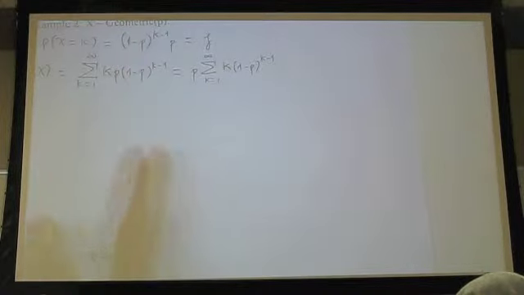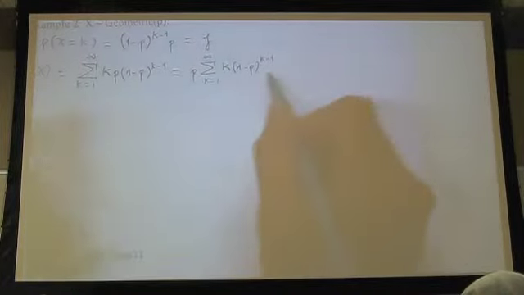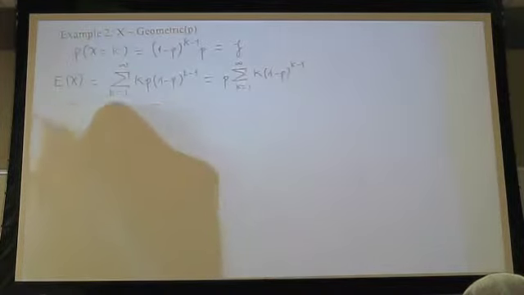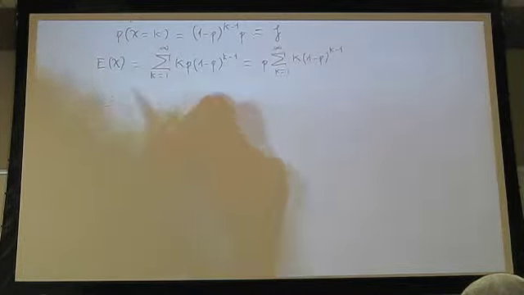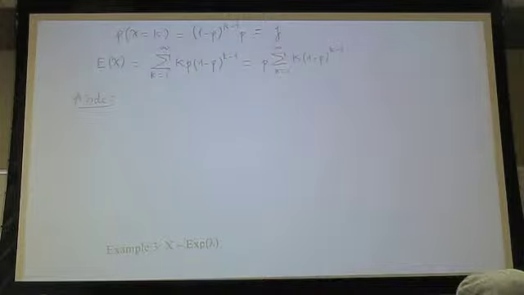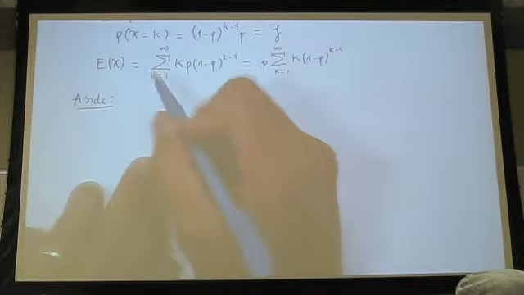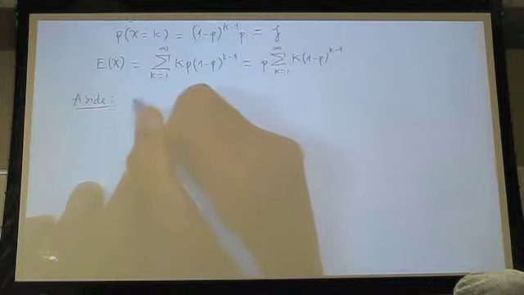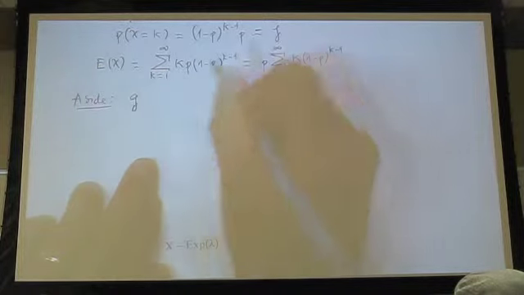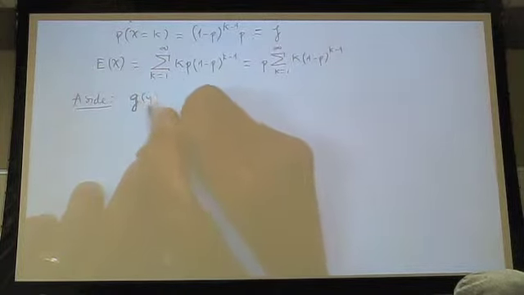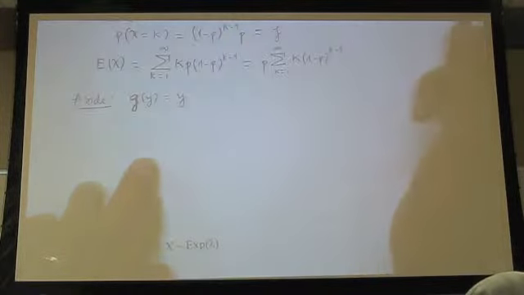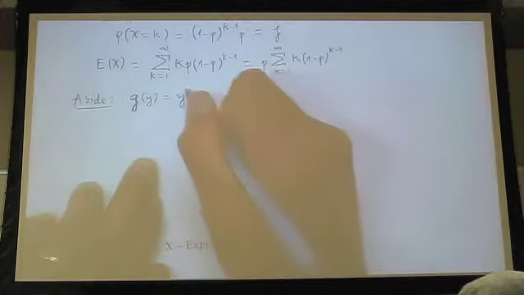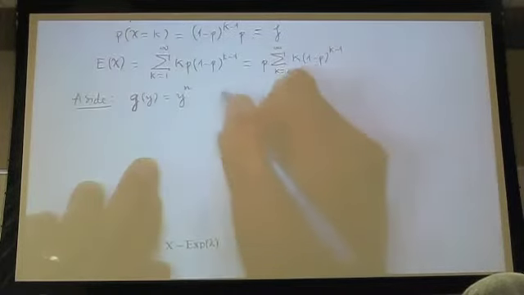Now, store this one there for a minute. Look at the technical aside right here. I'm going to recall some fact from calculus. Namely, if you have, let's say, a function f of, or let's not use f, let's say g of y equal to, let's say, y to the n, then the derivative of it is what?